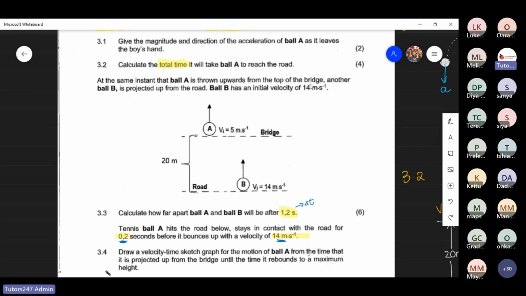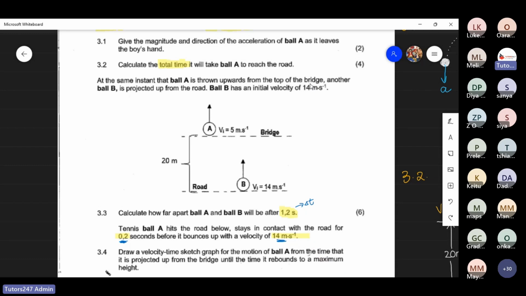So please don't confuse the 14 meters per second of ball A when it rebounds and the 14 meters per second of ball B when it is projected upwards. Ball B is initially thrown with a velocity of 14 meters per second, but ball A bounces off the ground with 14 meters per second. So there are two values of 14 meters per second. One is for ball A and one is for ball B.